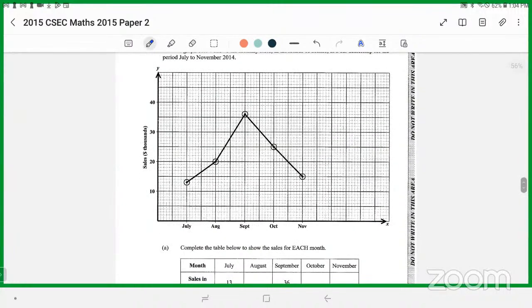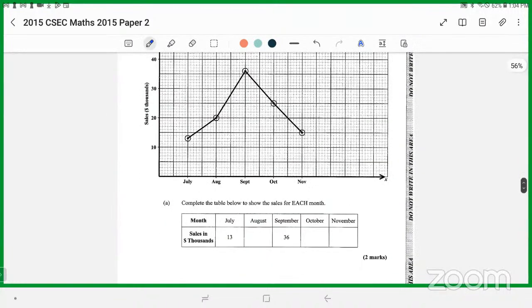It says complete the table below to show. They've asked us for August. July was 13, right here is 13, so August is clearly 20. I'm going to put that 20 right here. Then they're asking us for October, right here.